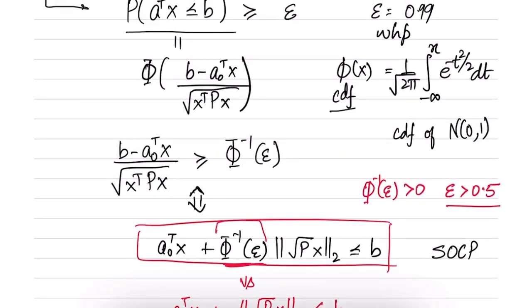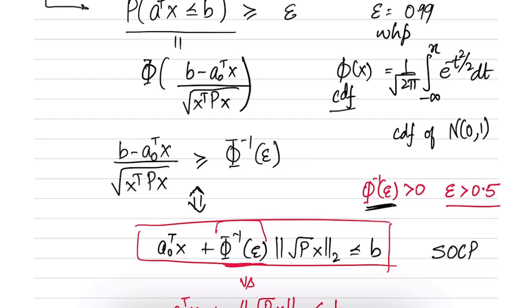In other words, the ellipsoidal uncertainty region that we specified for A can also be interpreted as the high probability region where A should belong so that this constraint is satisfied. So there is a one-to-one equivalence between the two, except that in this case we can control it slightly better because we have phi inverse of epsilon with us.